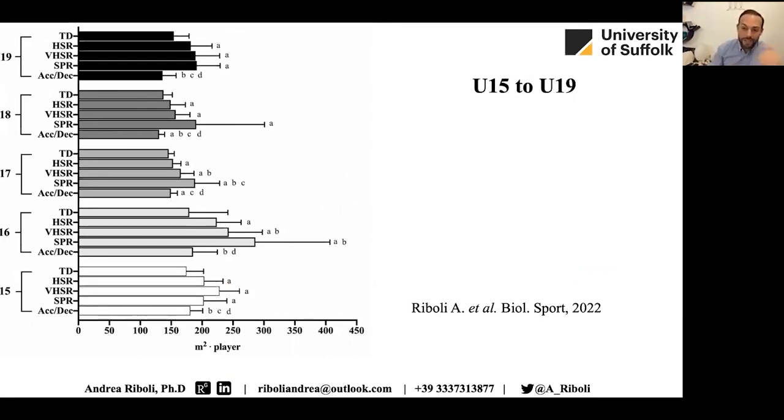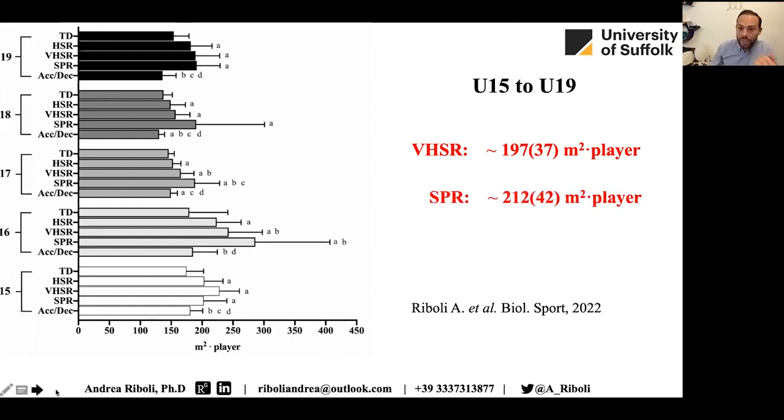So we investigated this aspect in all categories, and we found that to replicate very high speed running, we needed about 200 meters square per player using small-sided games in these young players, while to replicate sprint, we need more than 200 meters square per player, while for acceleration and deceleration, 160 and 56 meters square per player.